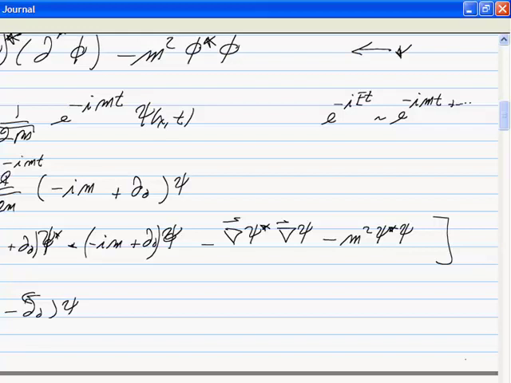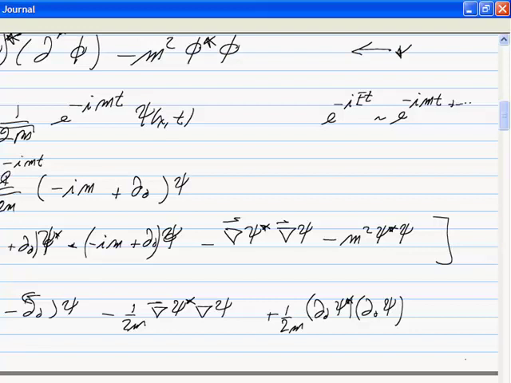Okay, so this d0 times m, this d0 times minus m, and I get the minus 1 over 2m del phi. The m squared piece cancels, and I'm left over with a residual piece, which is plus 1 over 2m d0 psi star d0 psi. Okay?